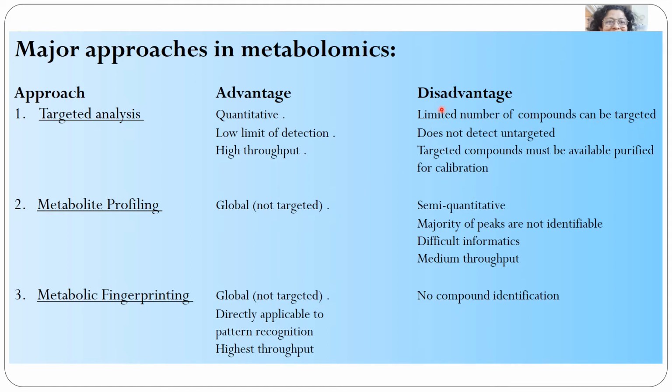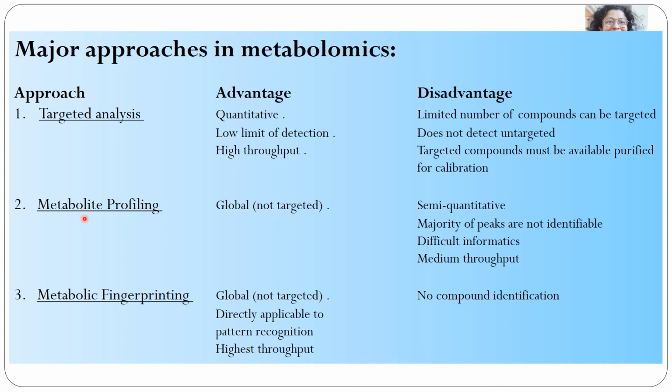So the disadvantage of the target analysis is that only a limited number of compounds can be targeted, and it does not detect the untargeted. So unknown molecules cannot be identified by this approach. The targeted compounds must be available, purified for calibration. So even standards are needed for the targeted analysis.